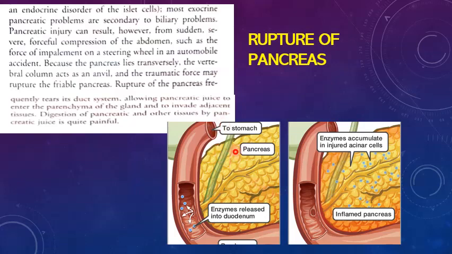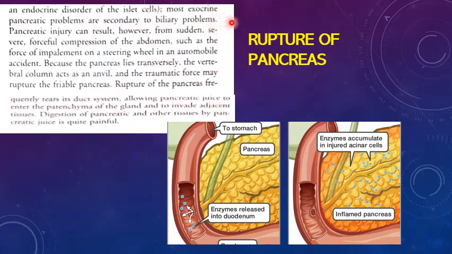Most of the clinical aspects that we have seen related to the pancreas are related to the gallstones and the bile duct, main pancreatic duct. That means most exocrine pancreatic problems are secondary to biliary problems.